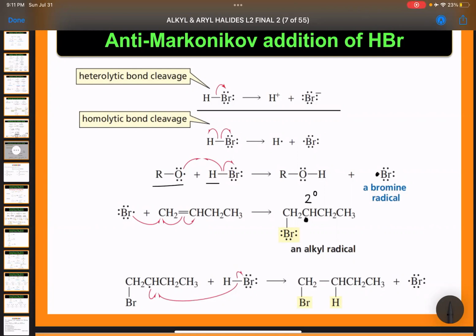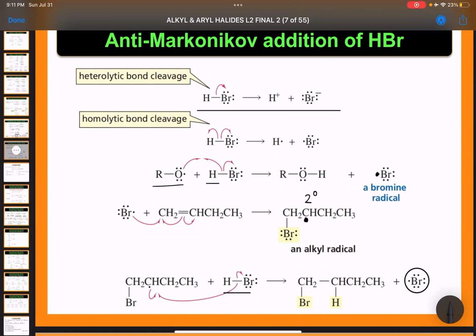And then this radical will again abstract an H radical from HBr, and a new Br radical is regenerated with some other HBr molecule. This Br radical will go and attack again on the double bond of some fresh alkene, and that's how the reaction keeps on progressing.